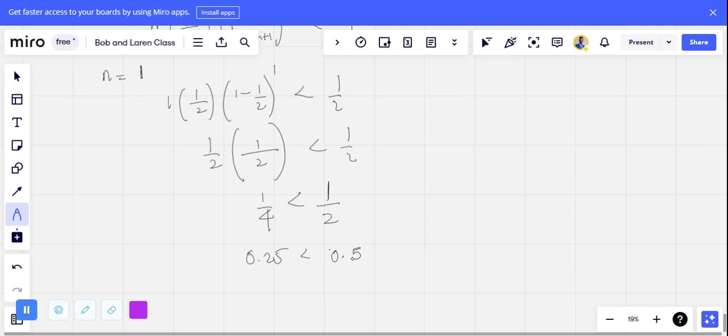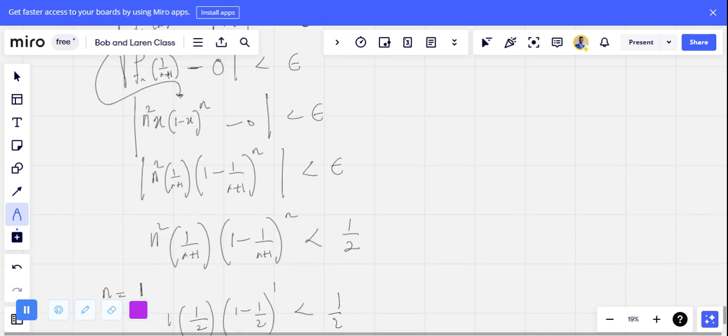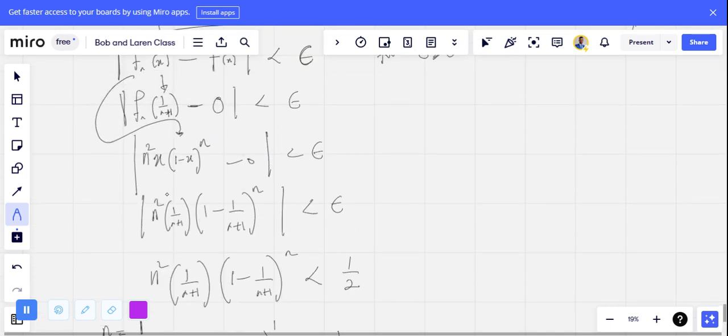That should be 0.5. So I think this is what I actually have as the result. So this result here, I think it is valid, right? Since I already have n squared, I still want to confirm.